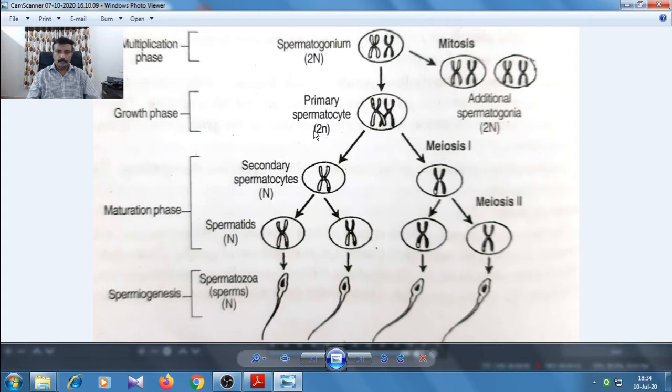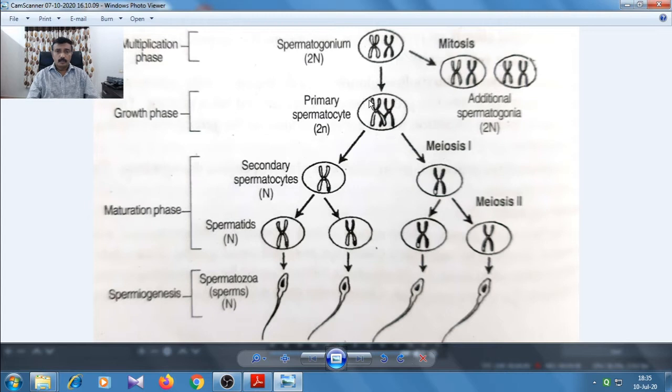And about meiosis you are familiar. Meiosis has meiosis 1 and meiosis 2. Meiosis 1 is a reduction division. There is reduction in the number of chromosomes. And meiosis 2 is just a mitotic division. There is no reduction in the number of chromosomes when meiosis 2 takes place.